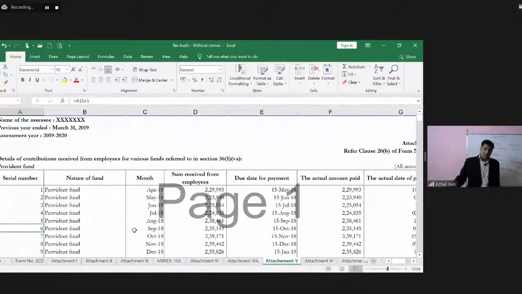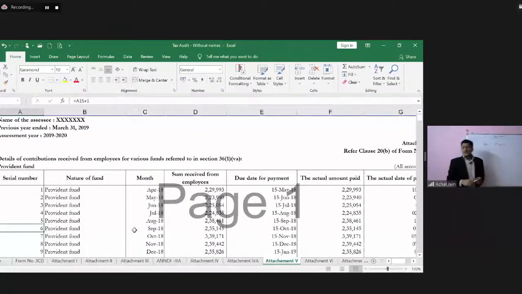So that means if there is a salary pertaining to the month of April, then this becomes payable on May 15th. So that's the due date.